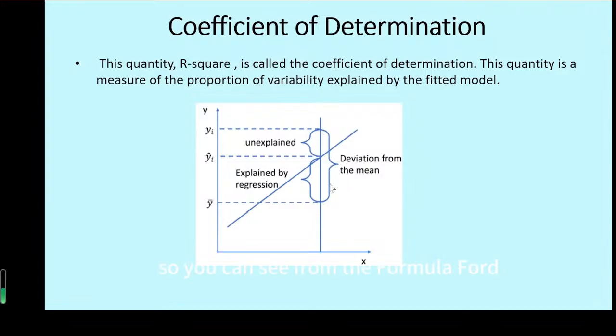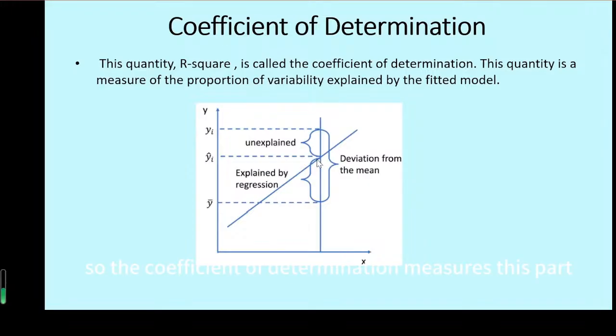You can see from the formula for the coefficient of determination, the range between yi and the y mean value, then take a square, then sum for all y observations, is SST. And this part between the observations and the fitted line, then take a square, then sum for all the observations, is SSE.